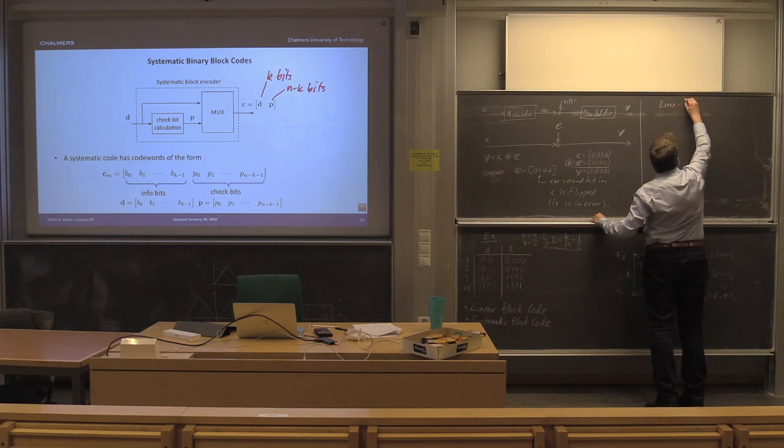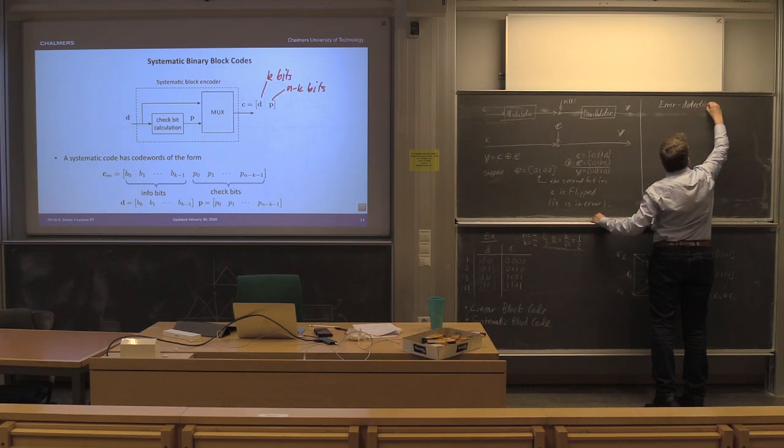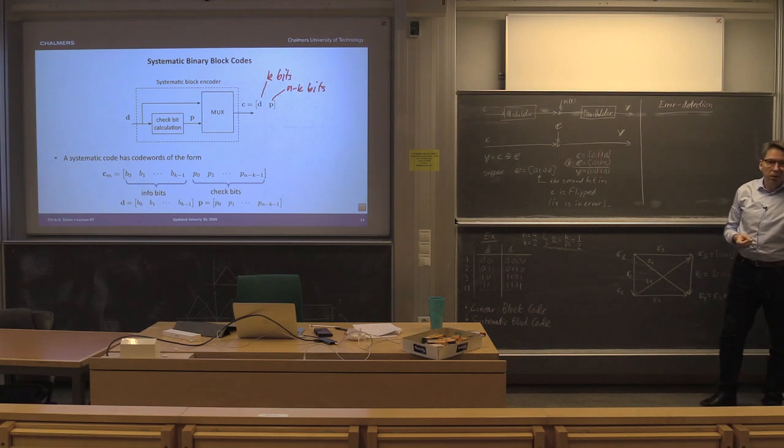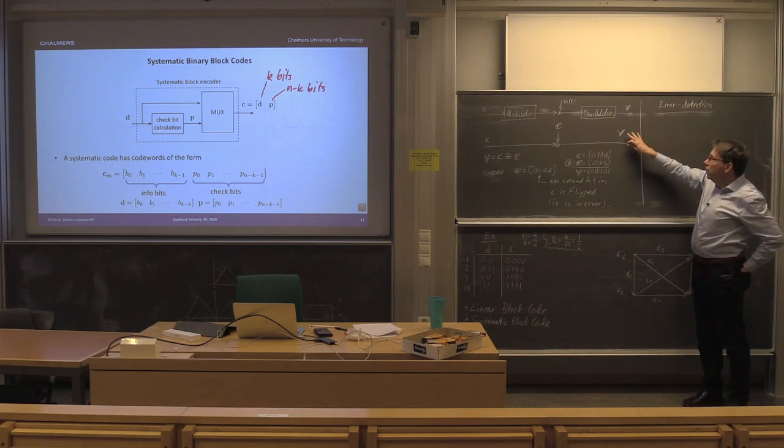And what we want to do is error detection. Okay, and what is the idea with error detection? The error detection is the following: looking at y, can I detect if errors have occurred or not? That's my task.